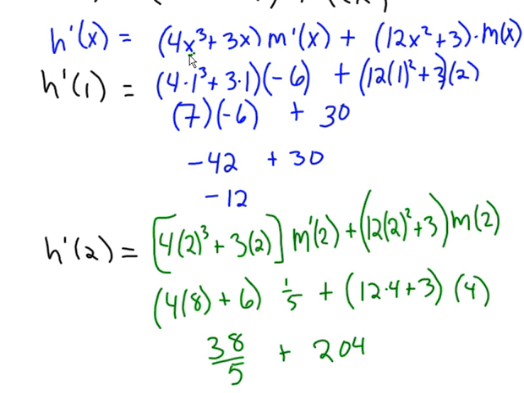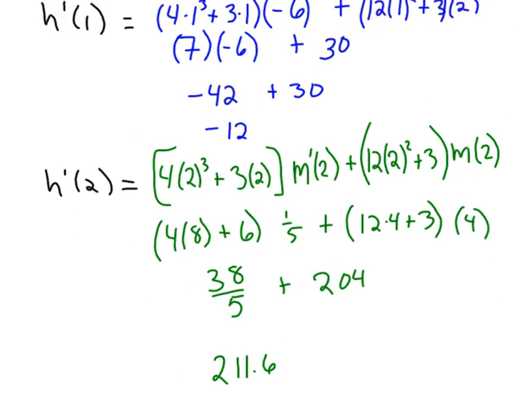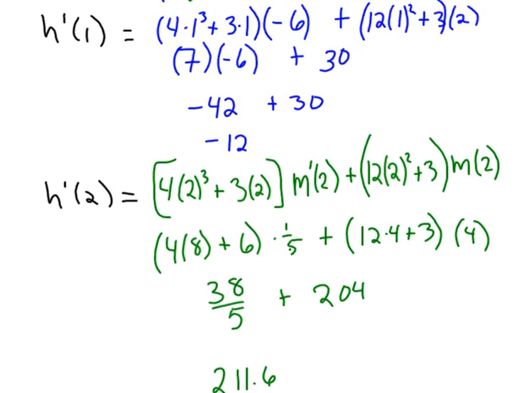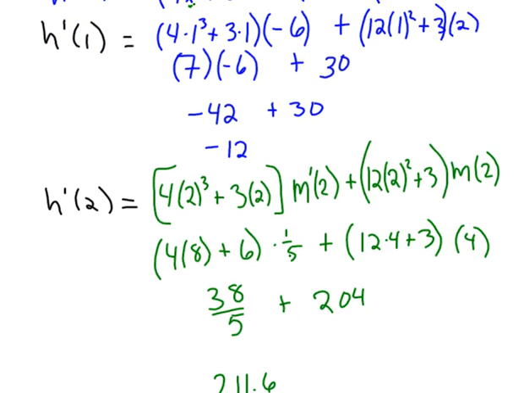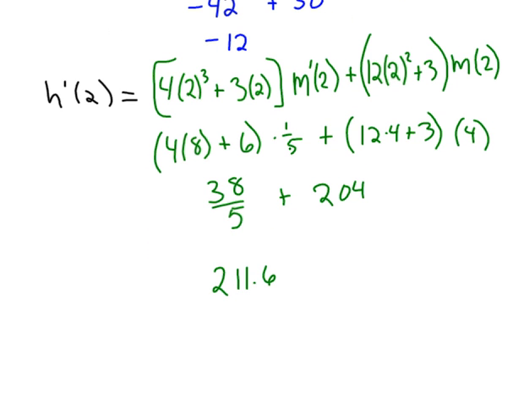You find the derivative at 2 for m, and the derivative at 2 is going to be 1/5 now. So I have times 1/5 here. Plug in the 2 for the x on this derivative of the first function, and then go find m of 2, and you can see m of 2 is 4. And then it's just multiplying and adding together to get 211.6.